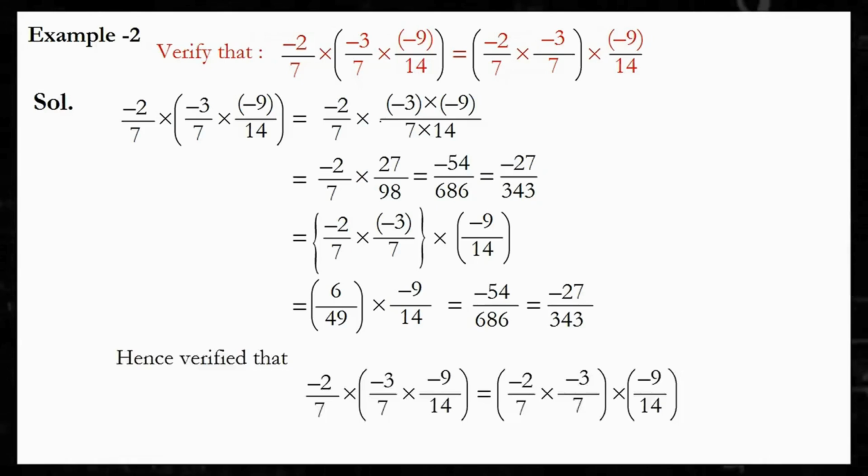Hence verified that minus 2 by 7 into in the brackets minus 3 by 7 into minus 9 by 14 is equal to in the brackets minus 2 by 7 into minus 3 by 7 into in the brackets minus 9 by 14.